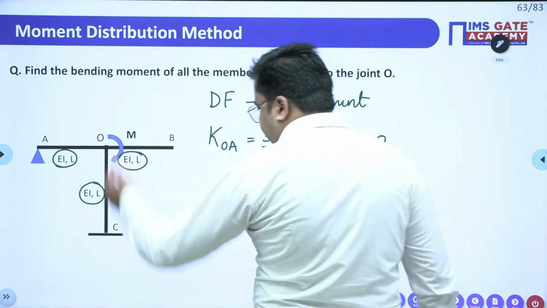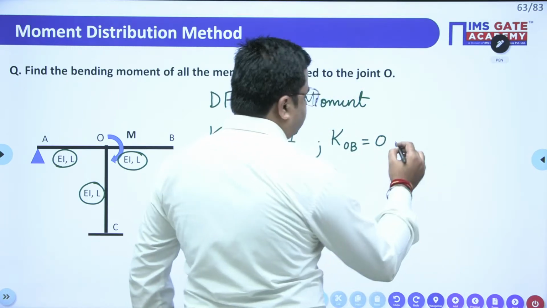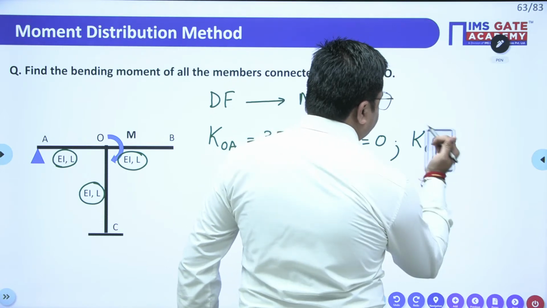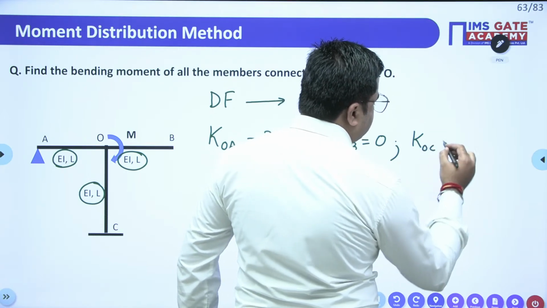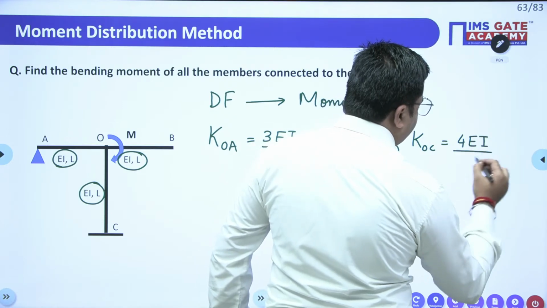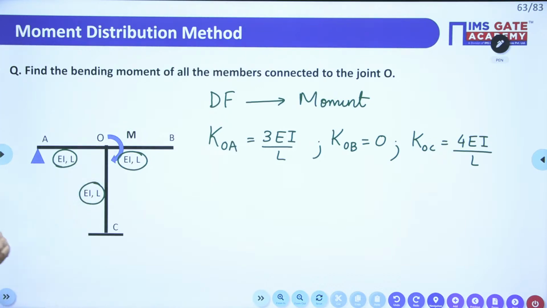Then for KOC, since the far end is fixed, the stiffness of KOC is 4 EI by L, right? So this is the stiffness of different members acting at this joint.